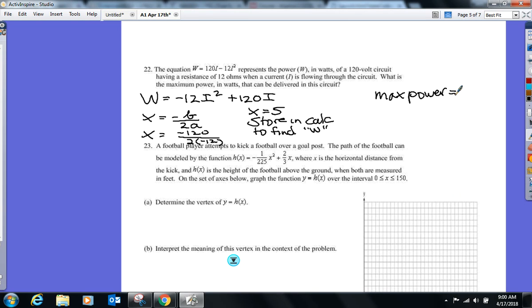So the max power, 300, what's it in watts? So 300.